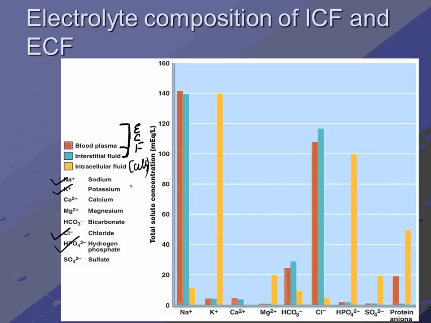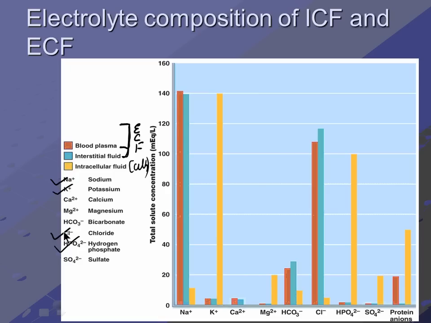So let us look at some of the substances. Let's look at sodium. Remember, sodium was more outside the cell. See this, a lot of it present in the interstitial fluid, a lot in the blood plasma, very little inside the cell.